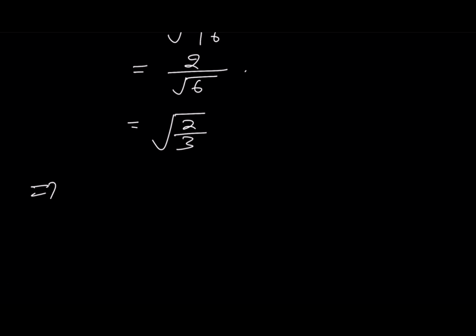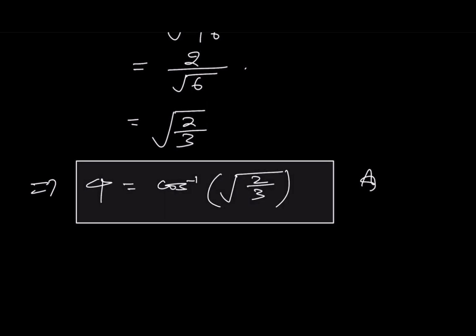So phi is equal to cos inverse of root over 2 by 3, which is the answer for the second part.